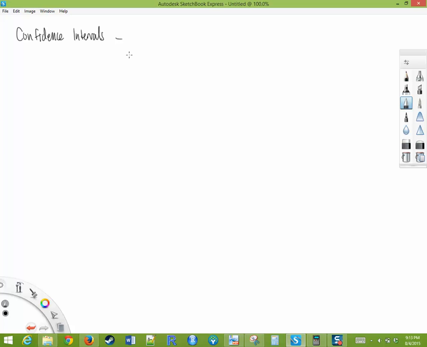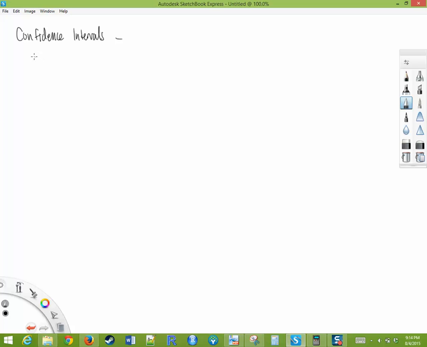We came to this vague conclusion that the population proportion P should be in the vicinity of my sample proportion P hat. With the confidence interval, we make this a little bit more precise.